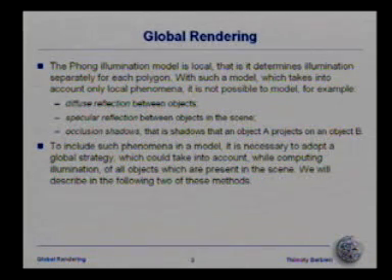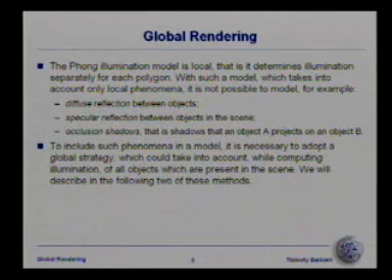This, of course, has the benefit of being straightforward, easy to implement, easy to understand. But it has the drawback of providing a result which is viable, but not realistic. Why? Because in reality we have shadows, we have mutual interference between objects and the way objects exchange color and light.